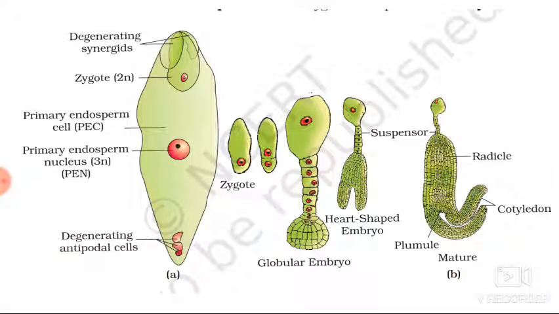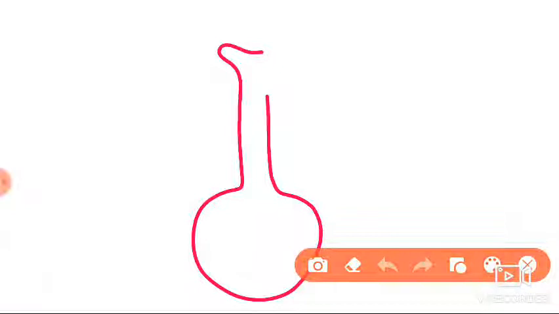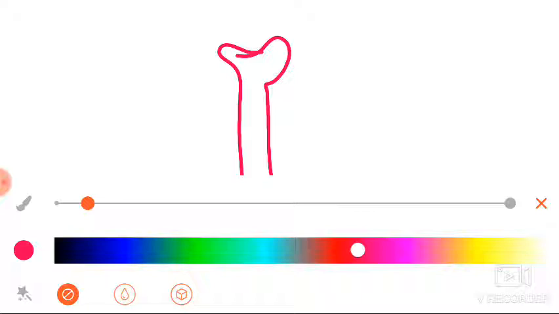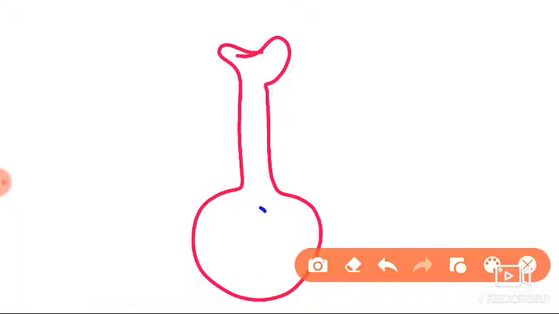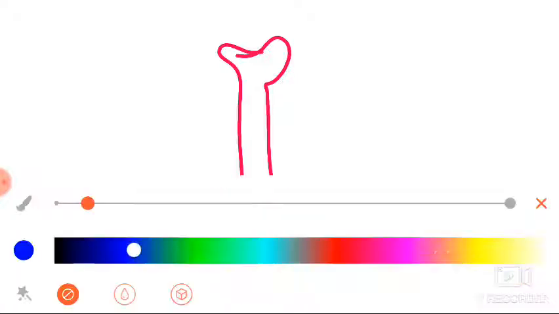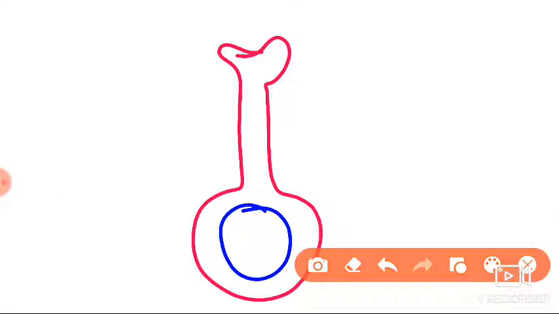I will take one empty slide. First I will draw the female reproductive system, that is the gynoecium. Here there is the ovary, and inside the ovary you can find the ovule.